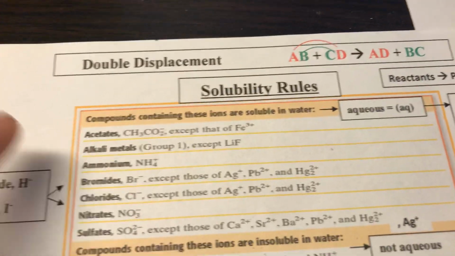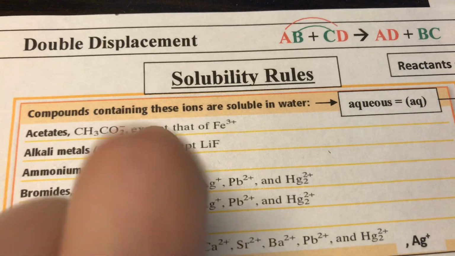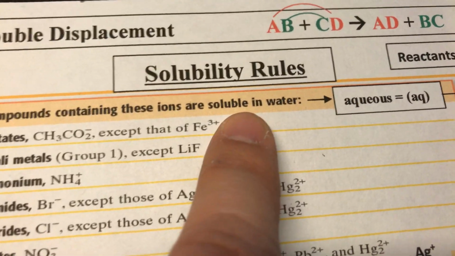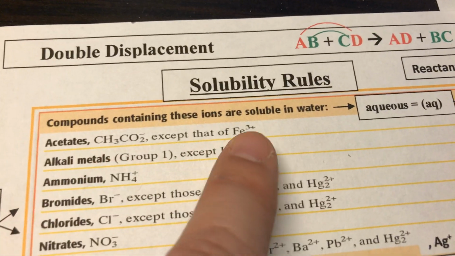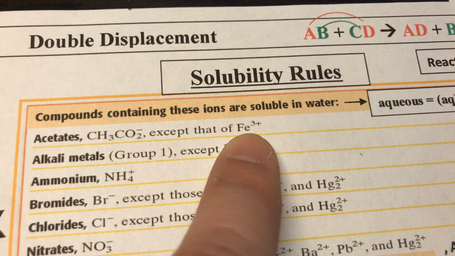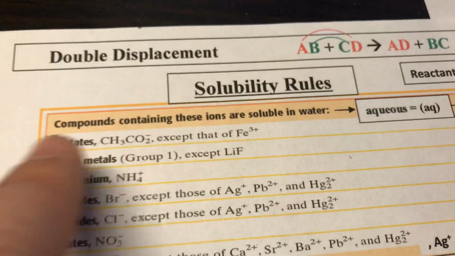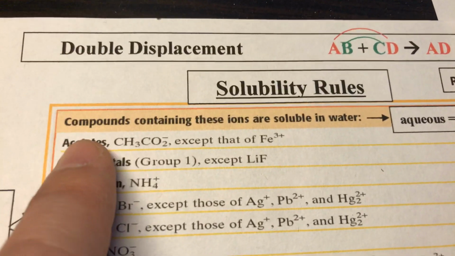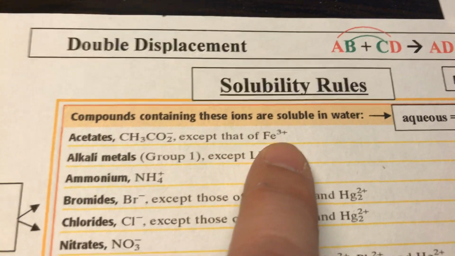We also have some exceptions. If you see the word except, it means the opposite of soluble, in other words, insoluble. For example, if I have iron 3 acetate, you are not just looking at the iron, you have to be careful of the charge. This iron 3 plus is not iron 2 plus. So you read the sentence: acetates are soluble except those of iron 3 plus.